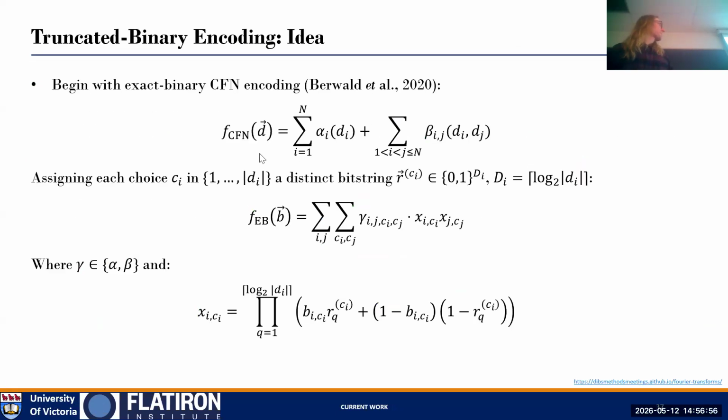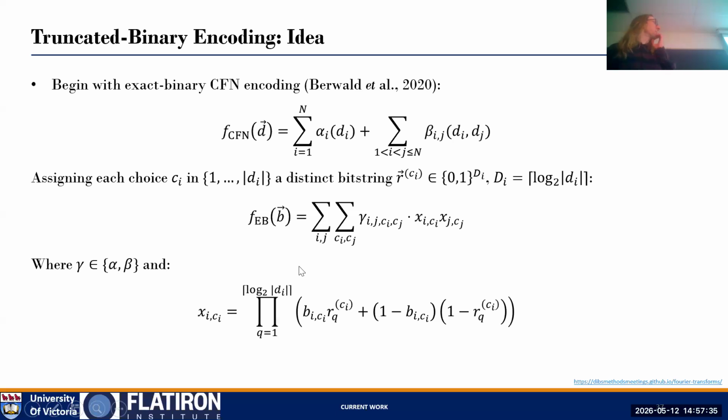Right, so in speaking about cost function networks in general, which are a very, very general class of combinatorial optimization problems, if you want to exactly preserve the energies present in the original cost function network, then the highest order term within a pairwise decomposable cost function network is equal to log 2 of d_i, which is the number of choices within a given variable, multiplied by 2.